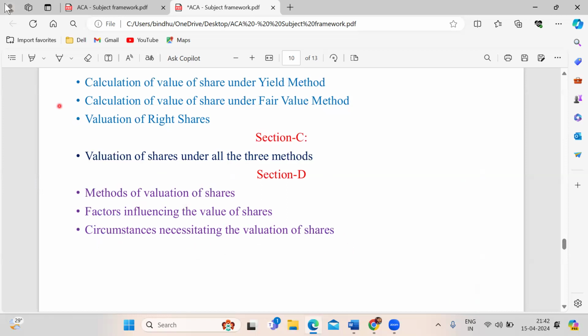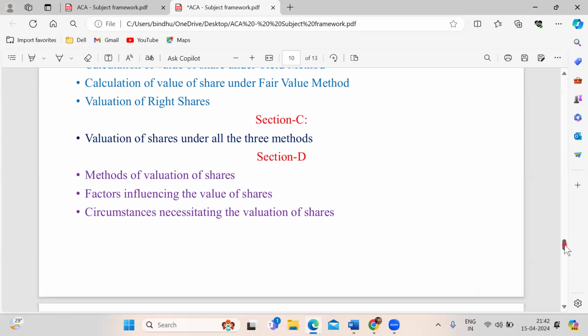You are going to learn this concept in valuation of shares. It also covers methods, obviously net asset method, yield method, fair value method. What are the factors influencing the valuation of shares? It is a theoretical question. Initially, you are going to learn around 8 to 10 points. You need to be brief with those points in terms of marks.